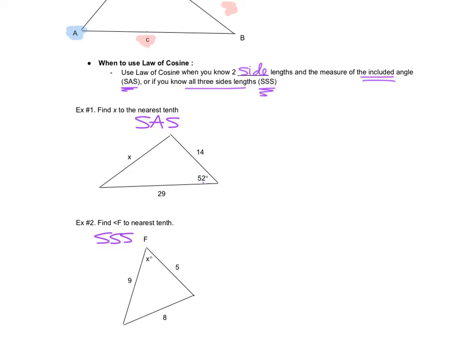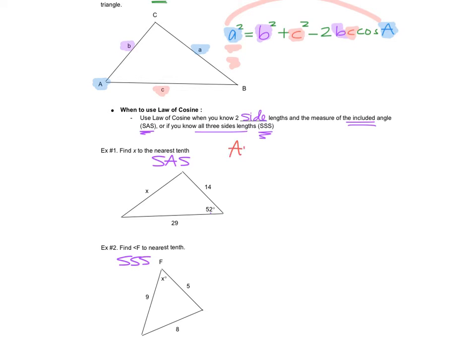All right, so here's the setup. In this triangle, I need to figure out what is lowercase a, lowercase b, lowercase c, and capital A, right? That's my formula. Here's what you need to know, okay? Your angle is always the capital A. If you keep it so that your angle is always the capital A, everything else falls into place for you, because then your lowercase a will always be across from that.